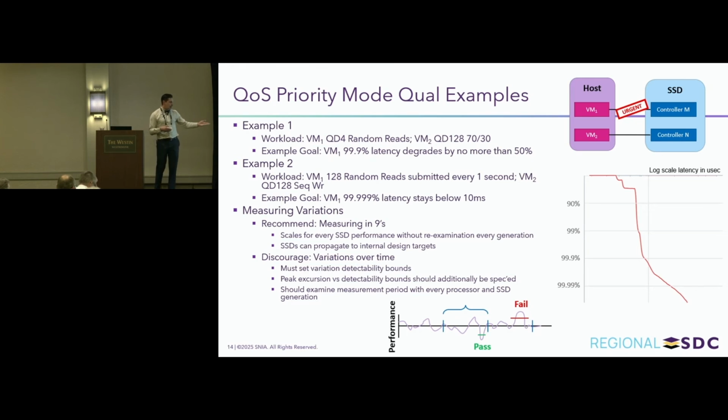Shown here, I have a pass because there's a narrow peak that's acceptable, and there's a fail because there's a wide peak of variation. These seem to be re-examined every generation, or if you don't re-examine them, they inherently become tighter. And that's not always needed or intended. Actually, the pass with a very narrow peak is looser. So to me, when I look at latency in nines, it's more robust generation to generation.